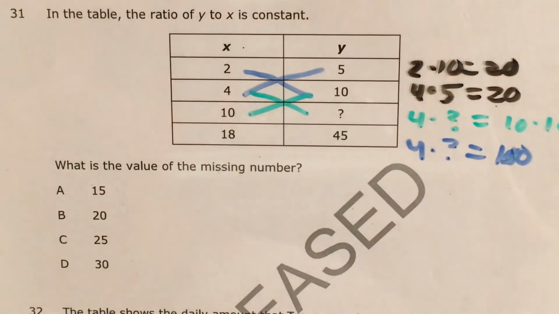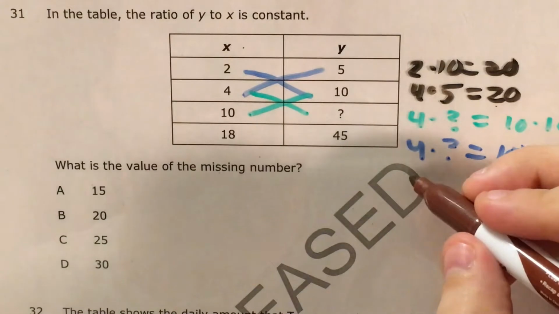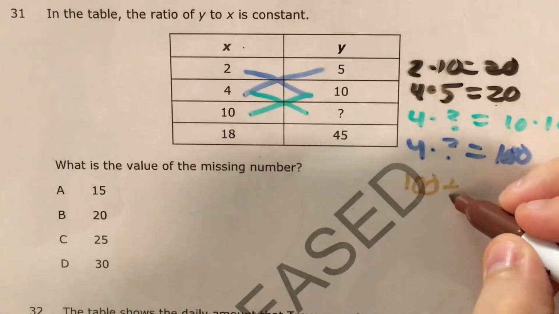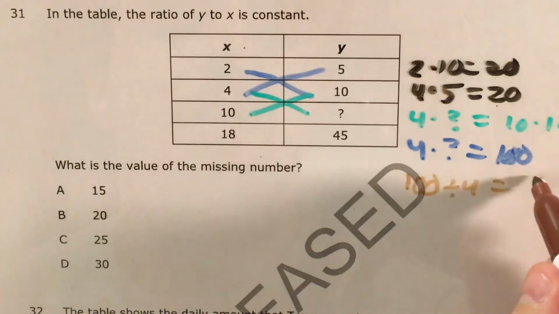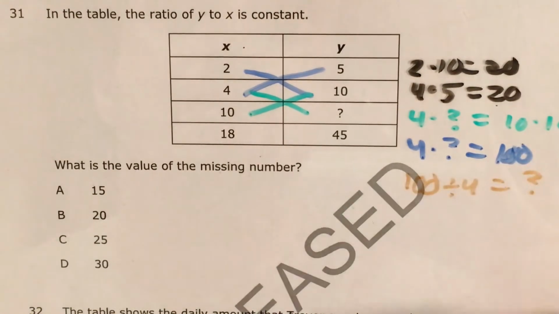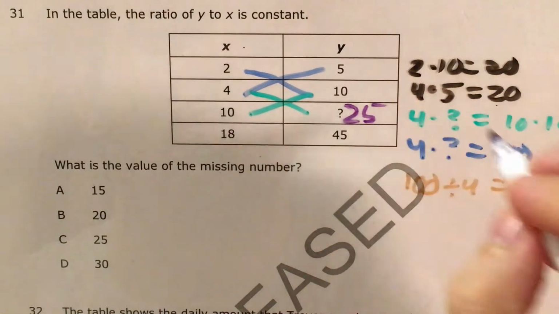And at this point, I'll break out my fact families, or my properties of equations, and I'll say that if 4 times something equals 100, then 100 divided by 4 will get me that same unknown number, and will get me, finally, the value of that unknown number. And 100 divided by 4, whether I do that in my calculator or my head, will give me 25.